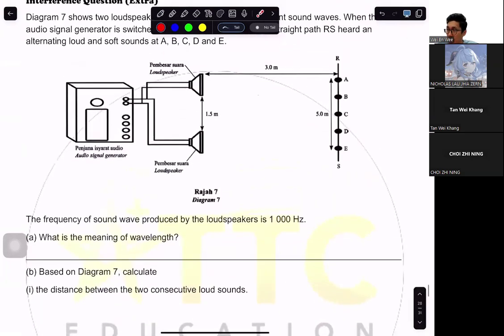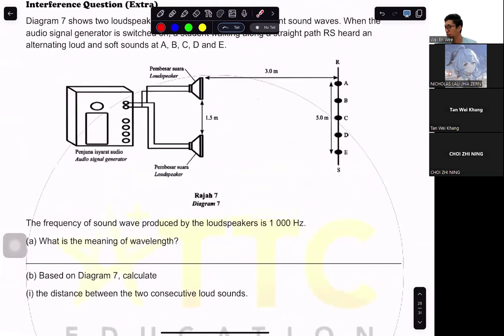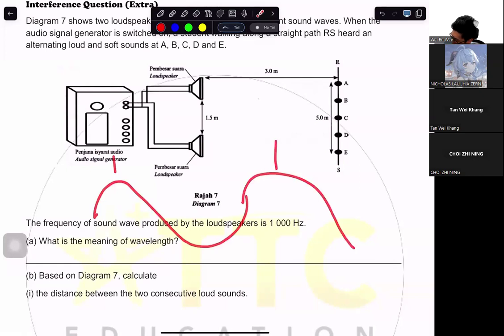Okay, so what is the meaning of wavelength? So wavelength is basically the length of a wave. But you can tell them how do you get the length of the wave. So you can say the distance from one crest to another crest, meaning here to here, all right?